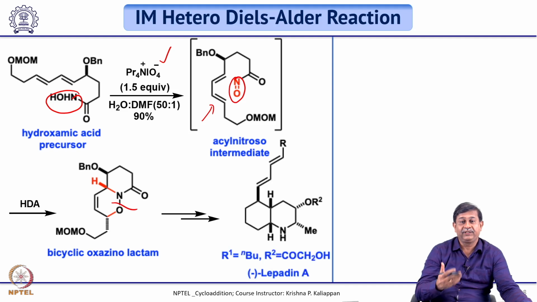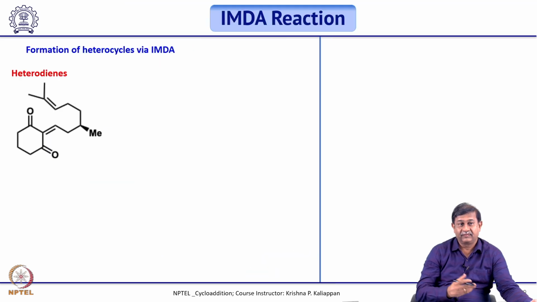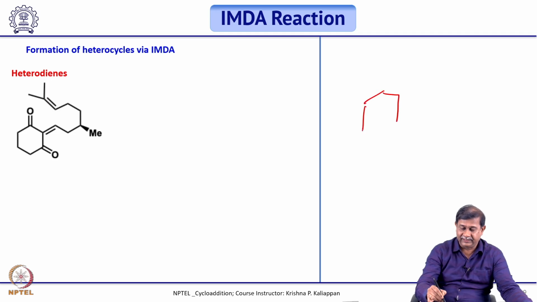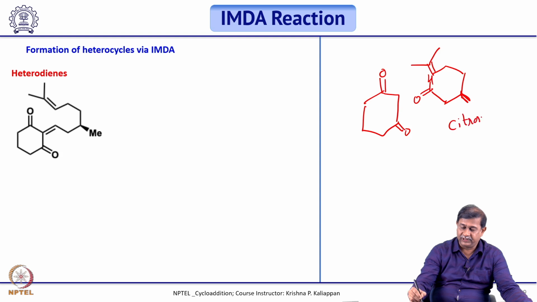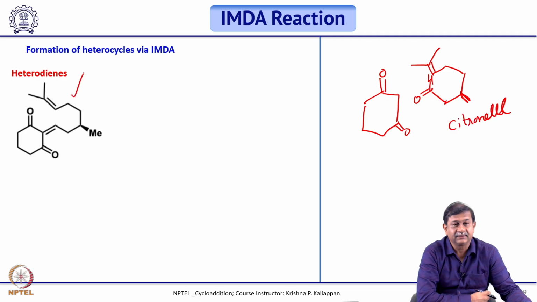So this has been successfully used in the synthesis of a natural product called lepidine. Then this compound is very easily made from cyclohexane 1,3-dione and from citronellal. Citronellal is a commercially available, well-known monoterpene. Okay. Just mix these two, it will undergo aldol reaction to get this compound.